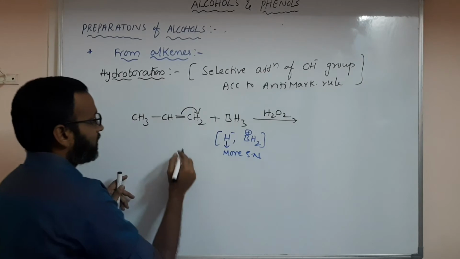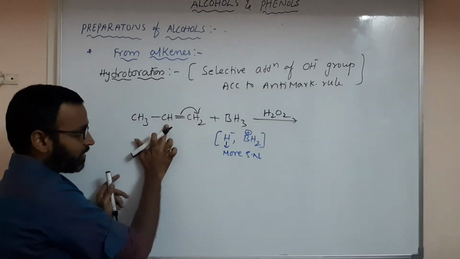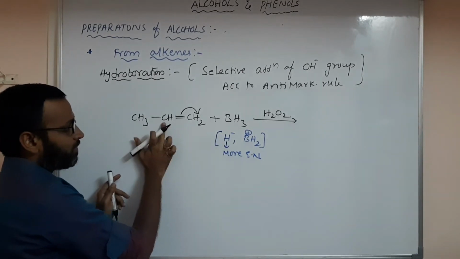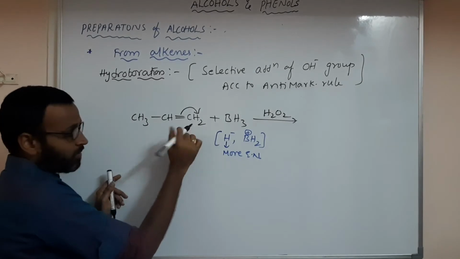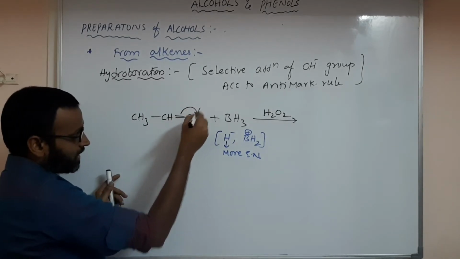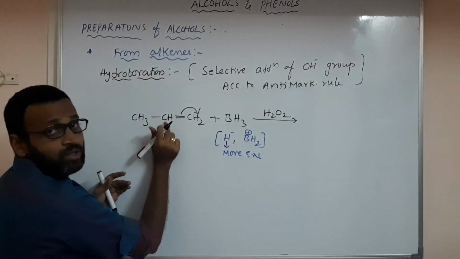So H minus. If it migrates over here, suddenly a positive charge will come here. That means H minus will come here and BH2 plus will come here, because pi bond migration must happen towards this. Here the positive charge is more stable.